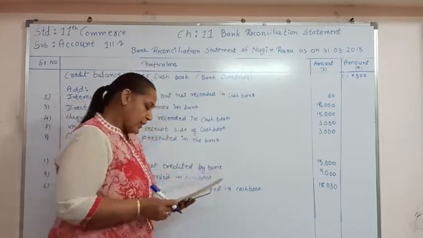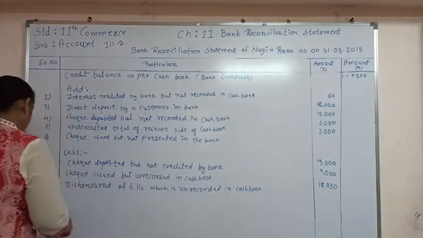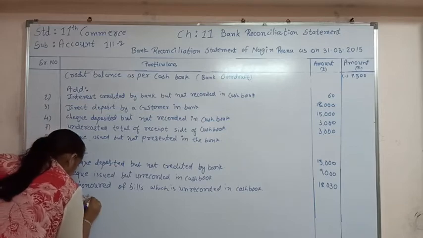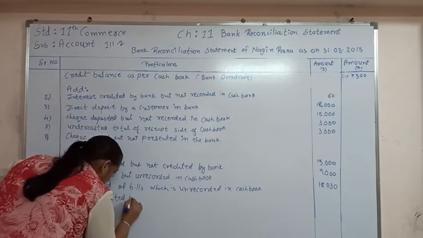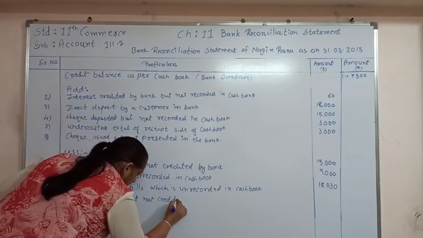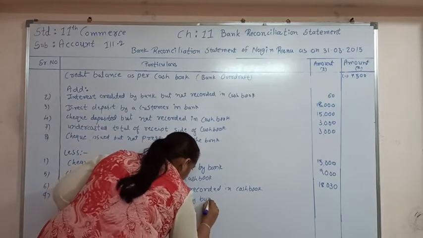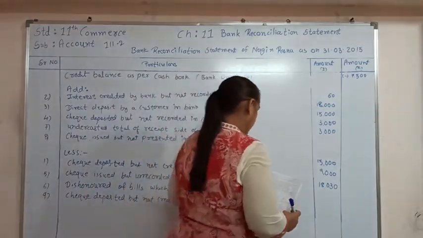So here we will write check deposited but not credited by bank, 9 number. So that will be 6,000.